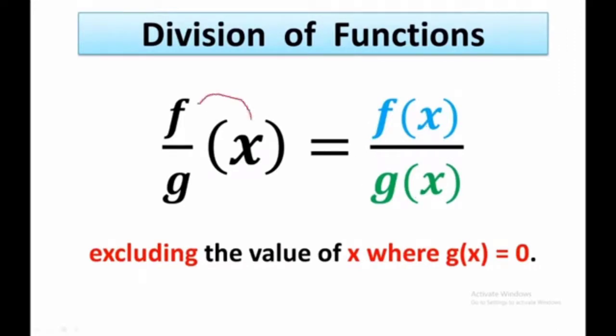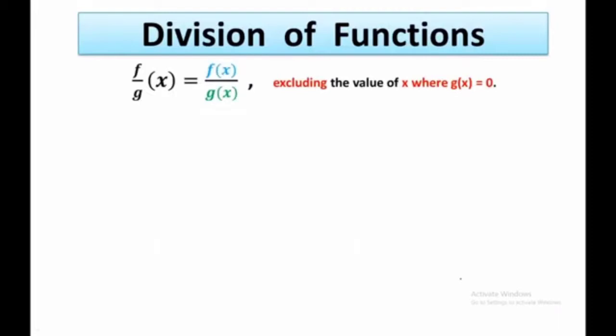So again, that is f of x divided by g of x, excluding, so dito may condition tayo sa division, excluding the values of x where g of x, or the denominator, is equal to 0.